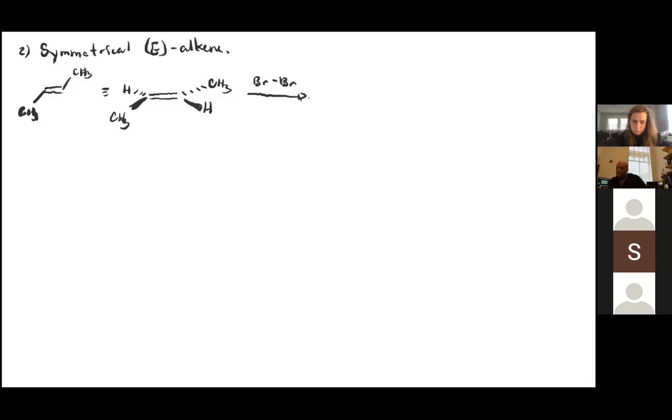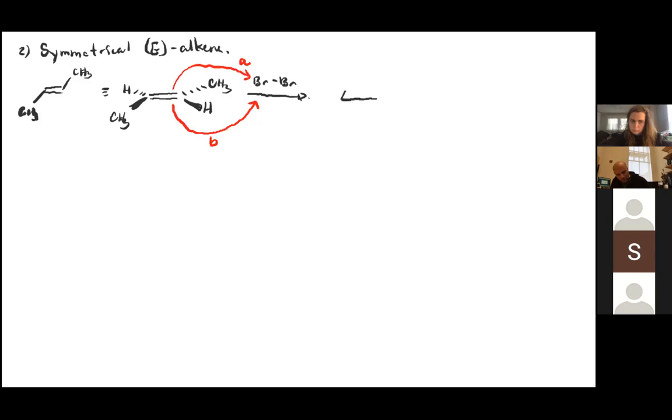And so again, we're going to draw out all the possibilities so that we can go through this carefully. So attack from the top, we'll call A. Attack from the bottom, we'll call B. Okay. And I get two bromonium ions. Let me draw them.